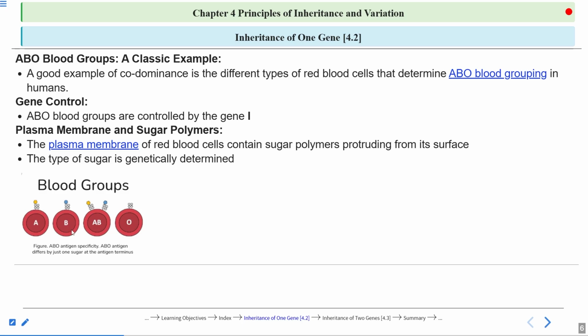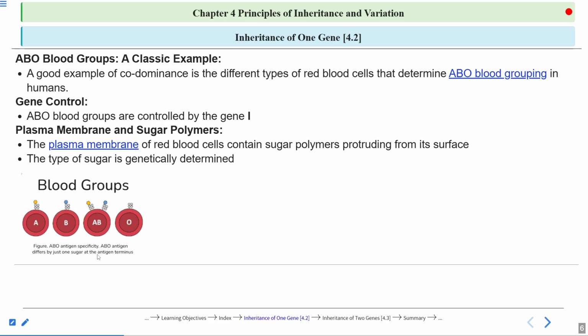And the RBCs of a person having B blood group will have a different kind of sugar. You can see here there is a yellow sugar, and here the blue sugar. In a person having blood group A, this is N-acetylgalactosamine. In a person having B blood group, it is galactose. Then in the AB blood group, both sugars are present. And in O blood group, there is no sugar.